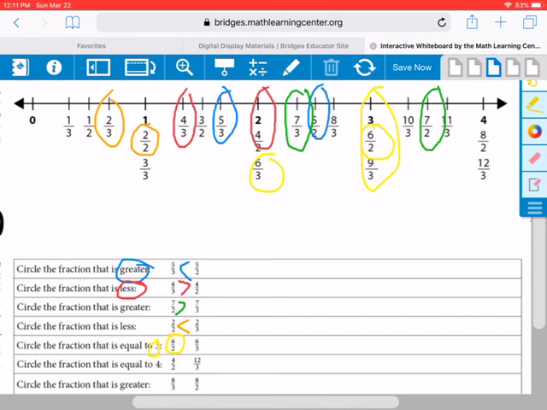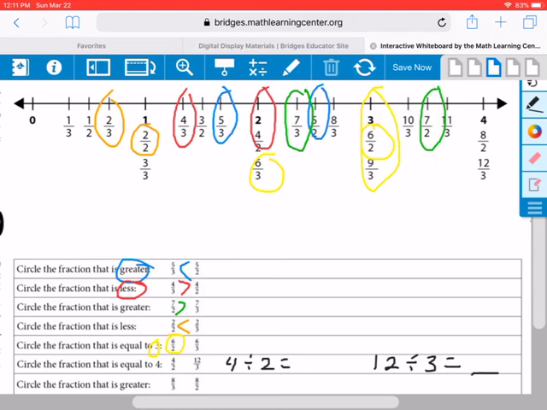Okay, we want to circle the fraction that is equal to 4. So again, you can do the numerator divided by the denominator. Let me pick a different color for this. You could do 4 divided by 2, or 12 divided by 3.